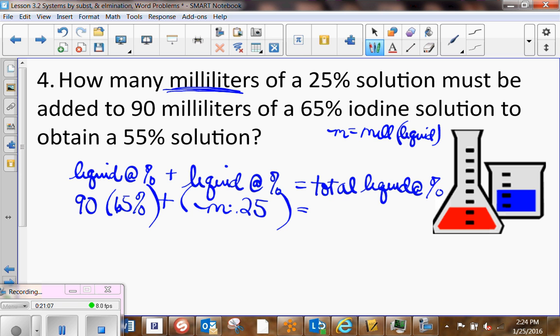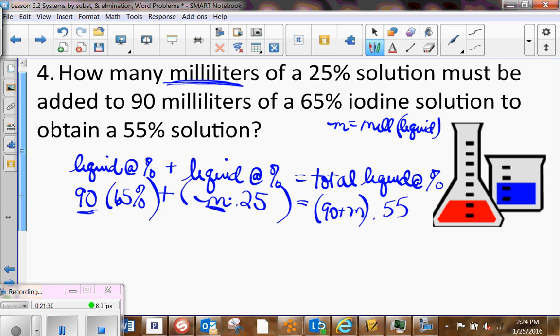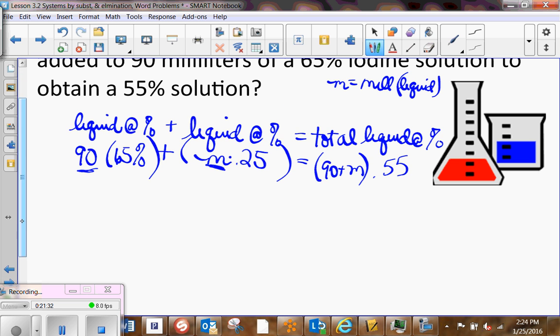total liquid. Well, wait a minute, total liquid is going to be this liquid plus this liquid. There's no other liquid going to be combined. That's your total liquid right there. The total liquid is 90 plus M, and that total liquid will be at 55%. So I count these together. Now you need a calculator for sure.